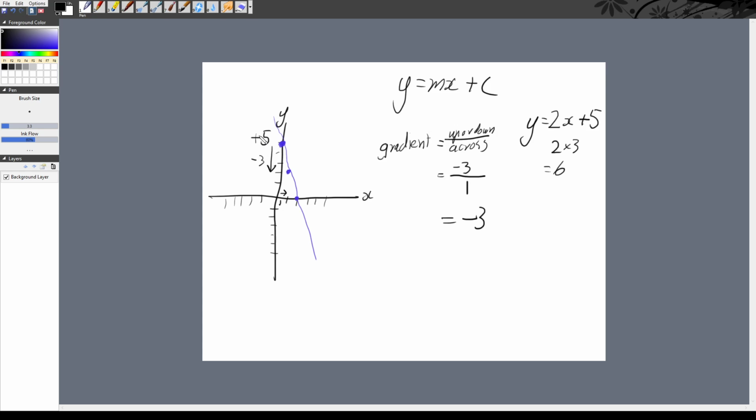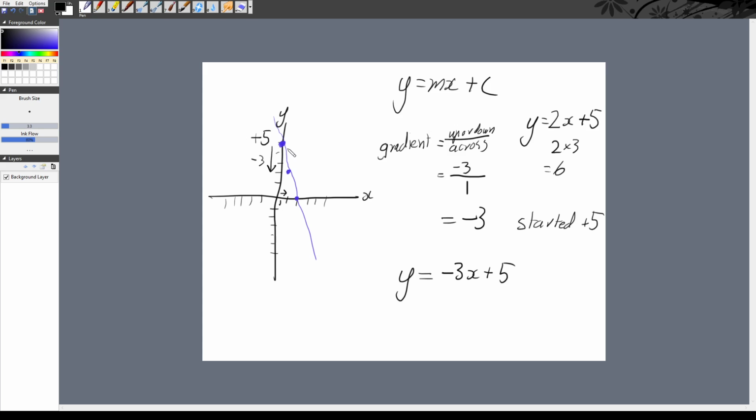And we also know that we've started at plus 5. So based on that example before, we can write y is equal to minus 3x plus 5.